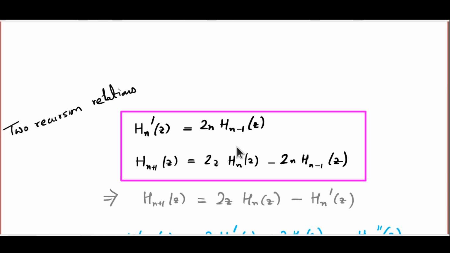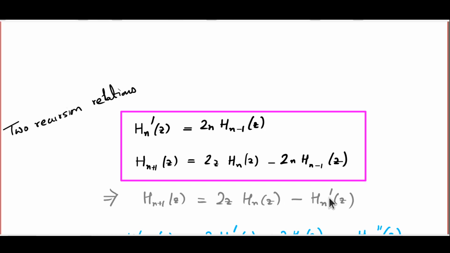Now, you can easily see that by replacing this 2n h_{n-1}(z) sitting here by h_n'(z), which the first recursion relation gives us, we will find this relationship, which of course is no surprise. It's a result we had already found out earlier, starting from the Rodrigues formula. So the n plus 1th order Hermite polynomial is related to the nth order Hermite polynomial minus h_n'(z).